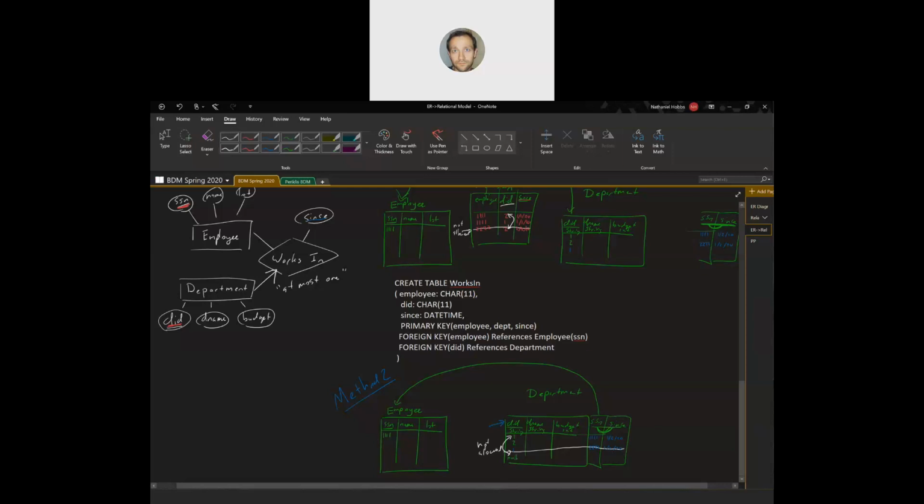But then SSN, say 3, 3, 3, 3, and since, say, 5, 7, 18, who cares? This would be allowed because this just is a unique key. But that is sort of a strange thing to have in a department table, a department with a null value. So it would be better to make the DID the primary key because primary keys do not allow for null values.